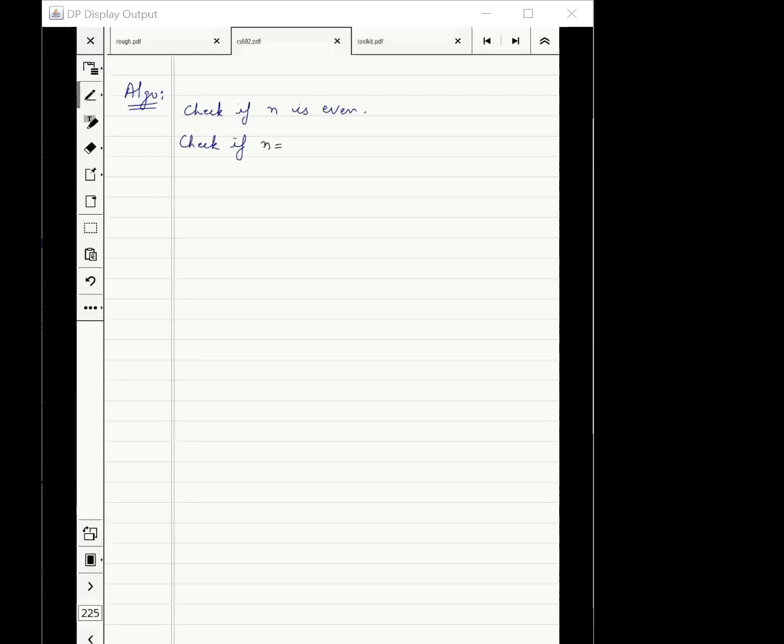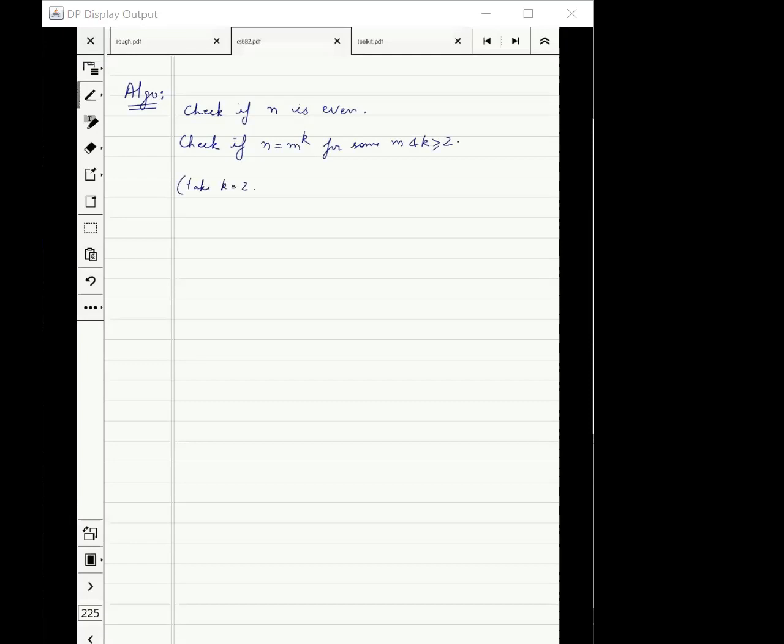Another thing is to check if n is a power of some number. My claim is that even this case can be checked easily. Any ideas how? Let's take k equal to 2. How can we quickly check whether n is a perfect square or not?